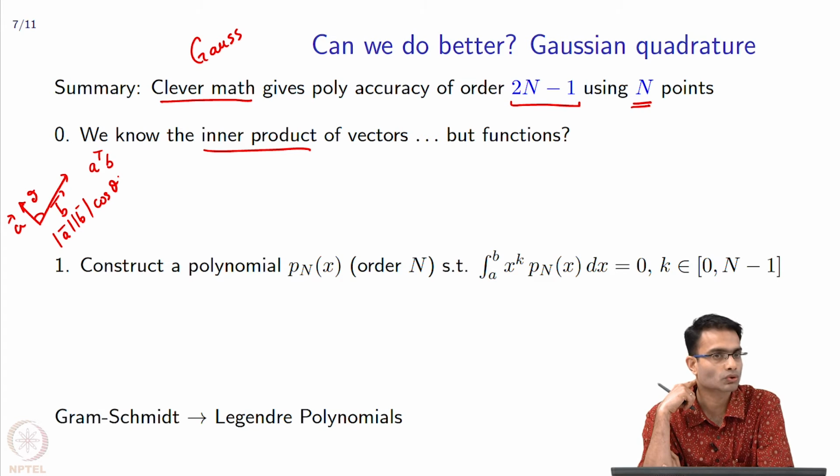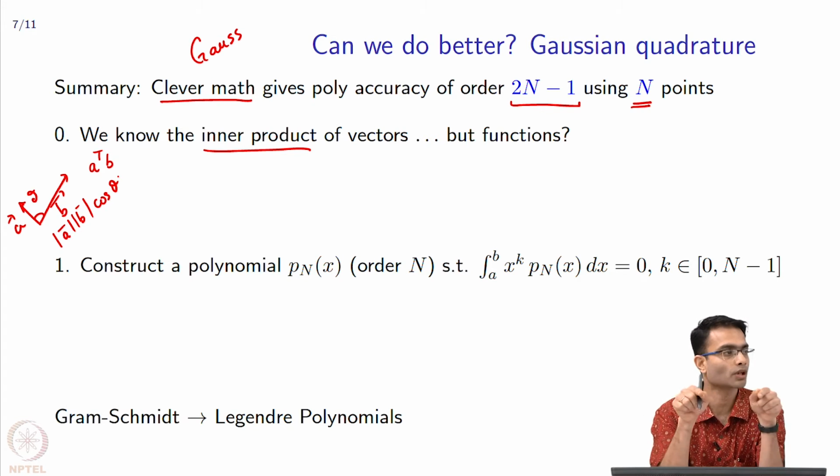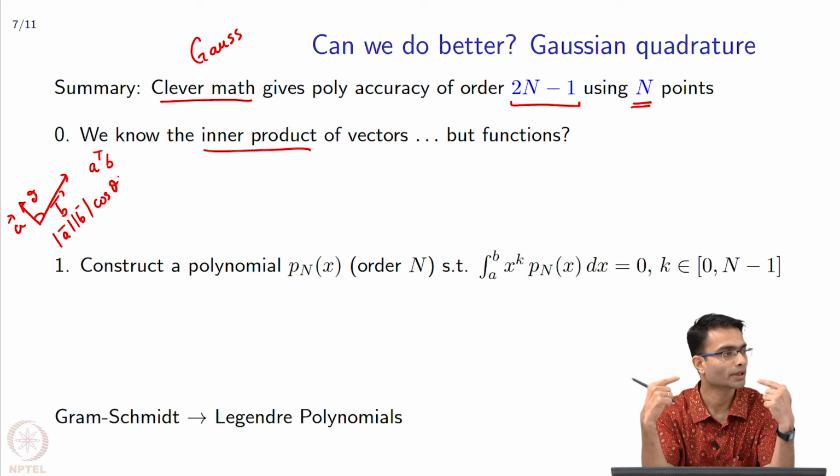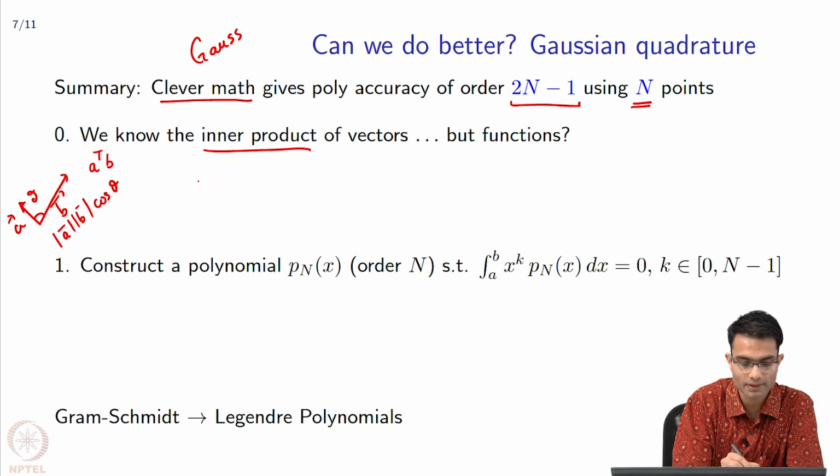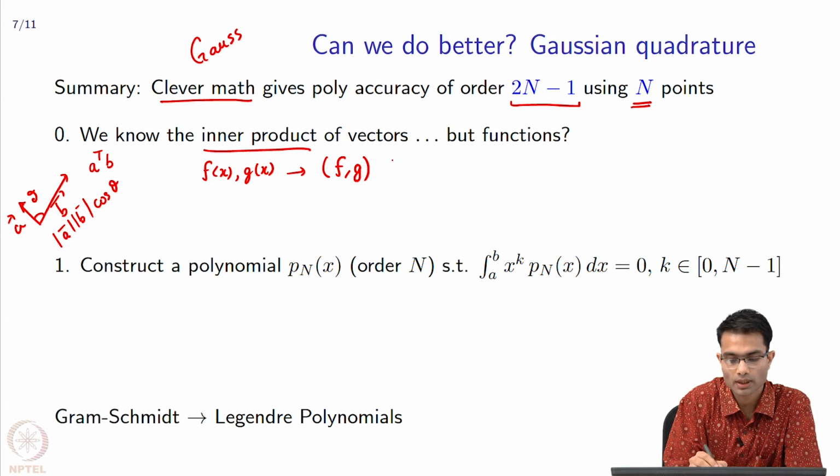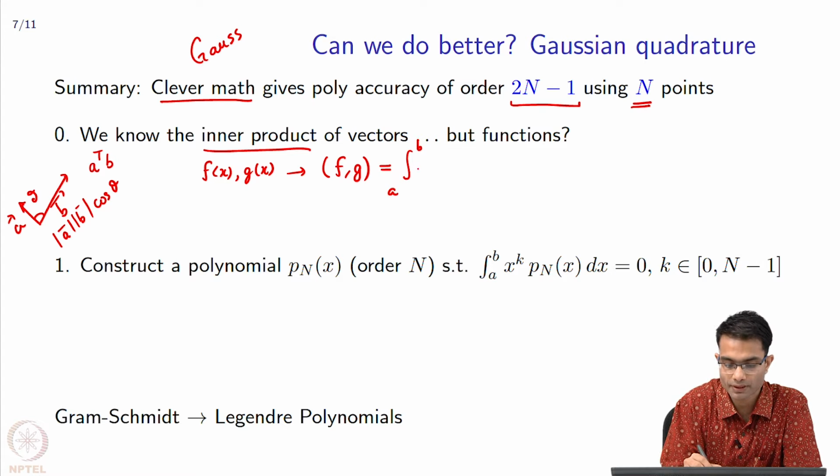The element wise dot product generalizes to an integral. If I say two functions, f of x and g of x, I want their inner product. The symbol is f comma g and its value is given by a definite integral of f x g x dx.